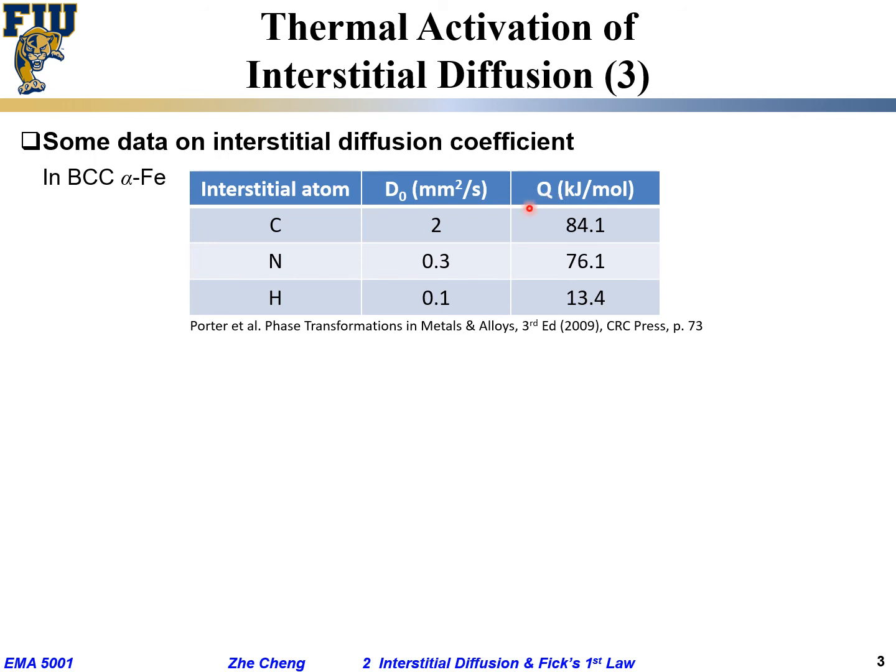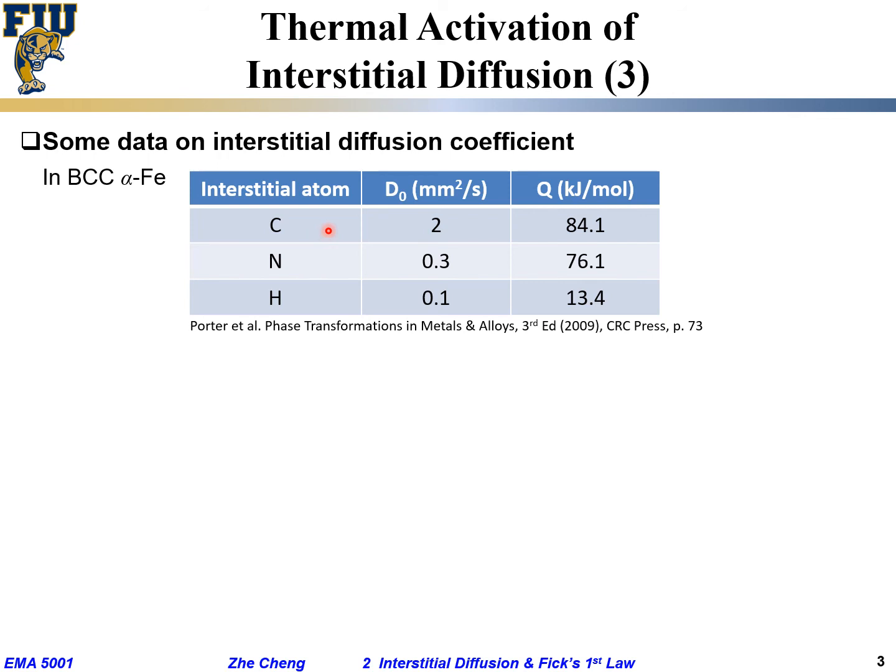And also Q, what is that Q? That's what we said, the diffusion activation energy. Okay, that's an enthalpy term. And we listed the numbers for 3 types of interstitial atoms. What are those 3 types of atoms? One is hydrogen, the other one would be nitrogen, and the third one would be carbon.